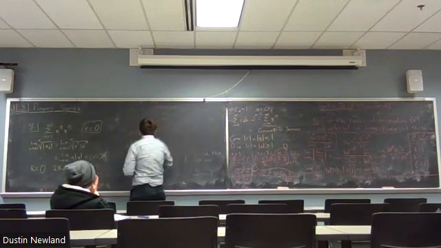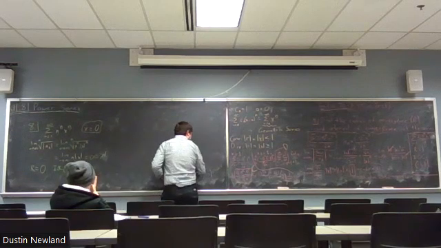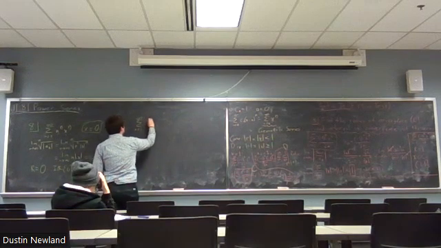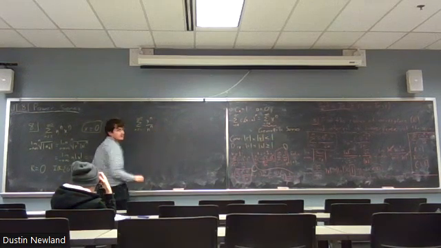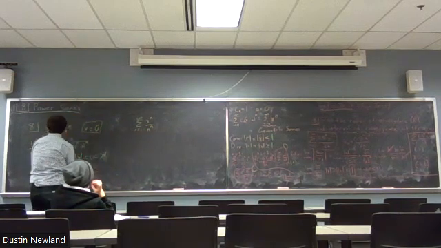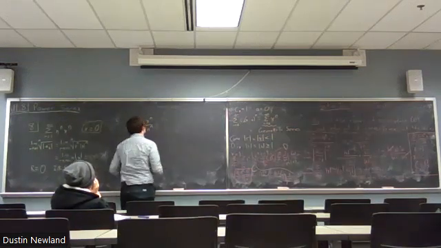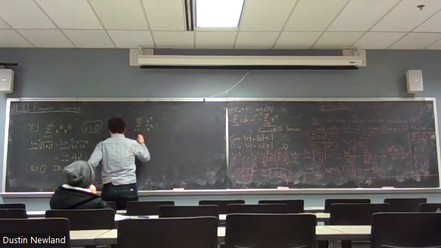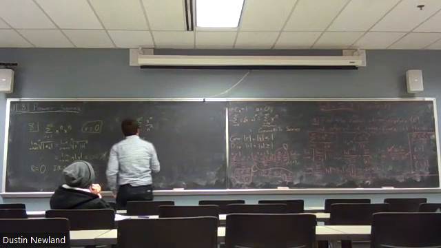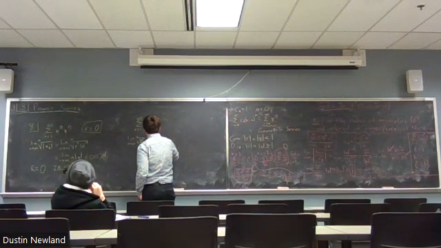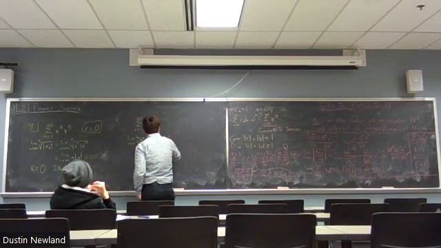If it said x to the n over n to the n, we would actually get drastically different results, because I would probably use a root test on it. So the limit as n goes to infinity of the nth root of x to the n over n to the n, and then we can take the absolute value, so we get the limit as n approaches infinity of the absolute value of x over n.